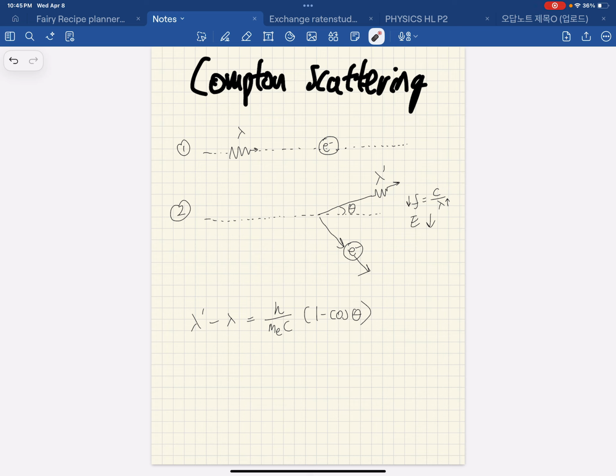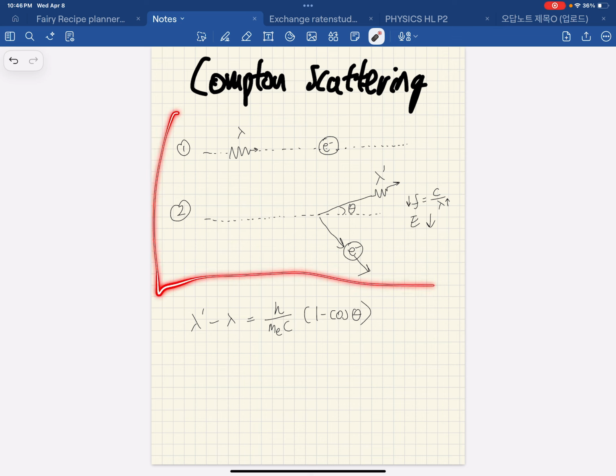And we know that frequency is the speed of light divided by wavelength. So if wavelength increases, then frequency decreases. And since E is hf, where h is Planck's constant and f is frequency, the energy of light has decreased. So in simple words, the energy of light has decreased and the energy of the electron has increased.